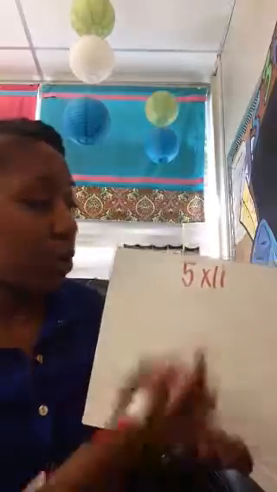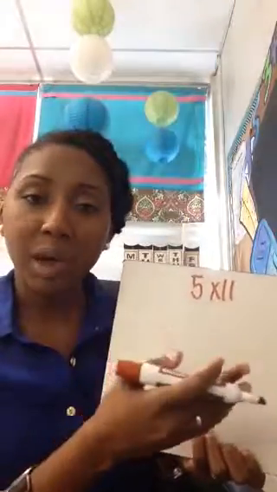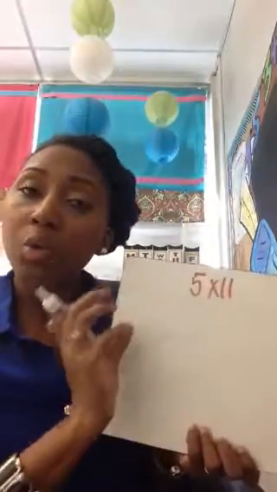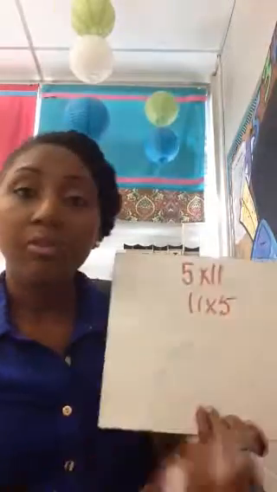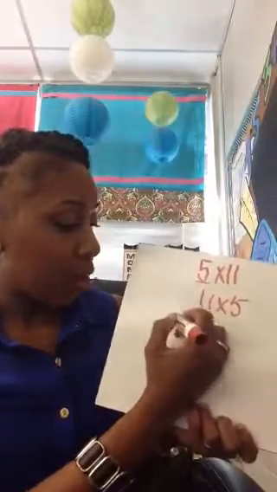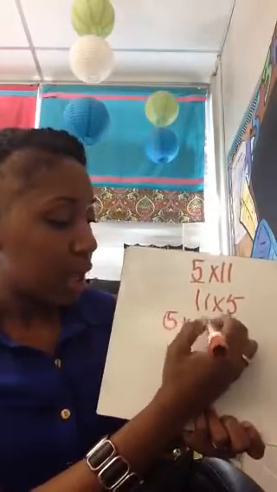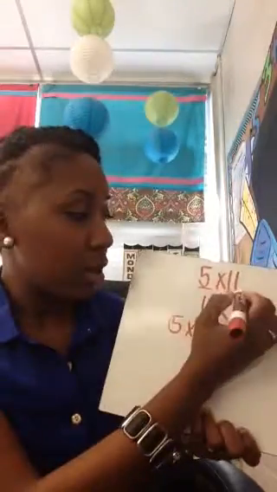Okay, 5 times 11. So what we're going to do is take our first number and multiply it by each place value of the second number. And it also works the other way, even if I had 11 times 5. So let's take 5 and multiply it times 10 because 11 has 1 ten.